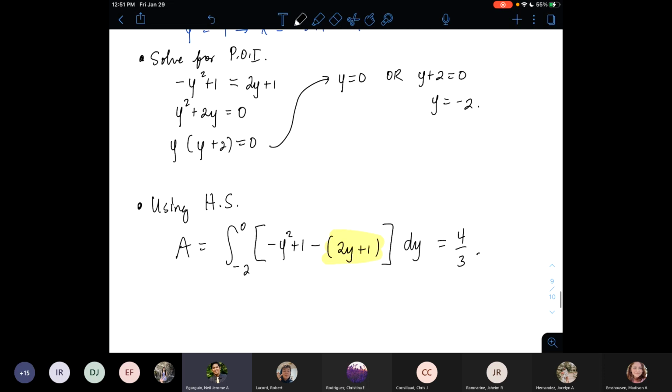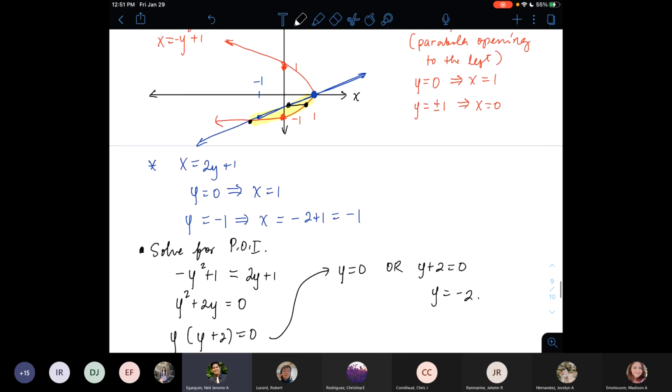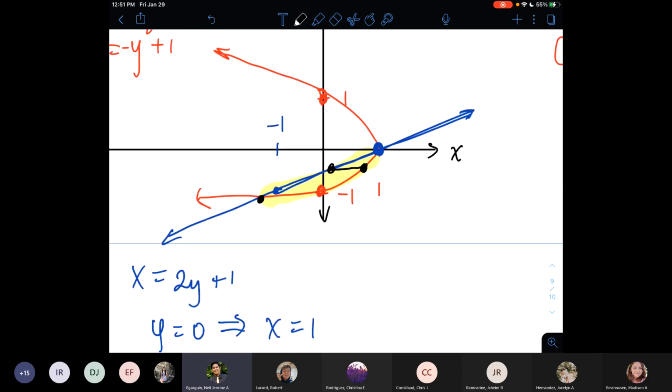Now, do you think there would be a big issue if we had used vertical strips instead? Well, graphically, I don't think there's a big issue because for a vertical strip, the top function is always the blue one and the bottom function is always the red one.